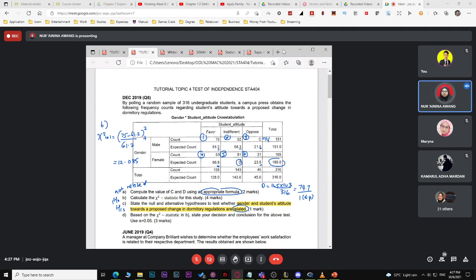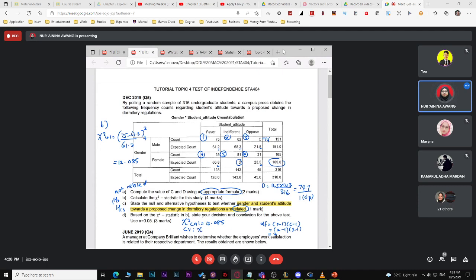Okay, so to be safe, you just start from your value here. And then your critical value. So you know that for critical value, for the degree of freedom, the formula is row minus 1, column minus 1. Since you have 2 rows and 3 columns, your degree of freedom is 2.